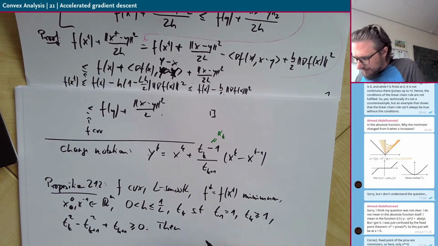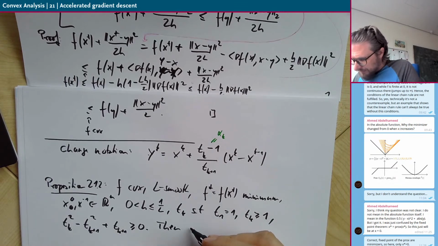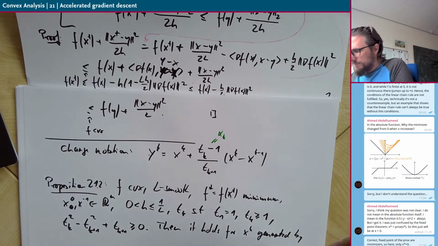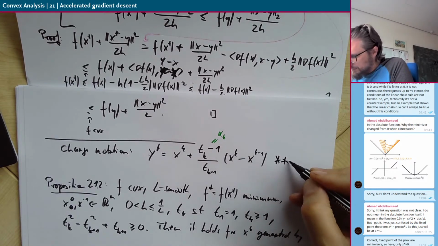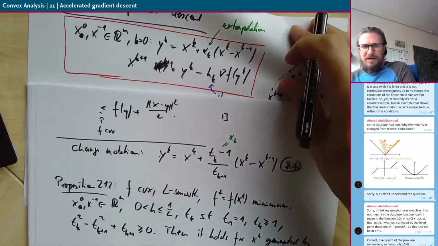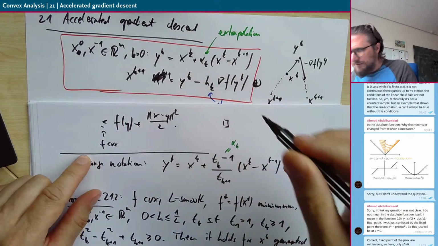Then it holds for xk generated by this here. This is step 2, and the gradient step here is step 1.